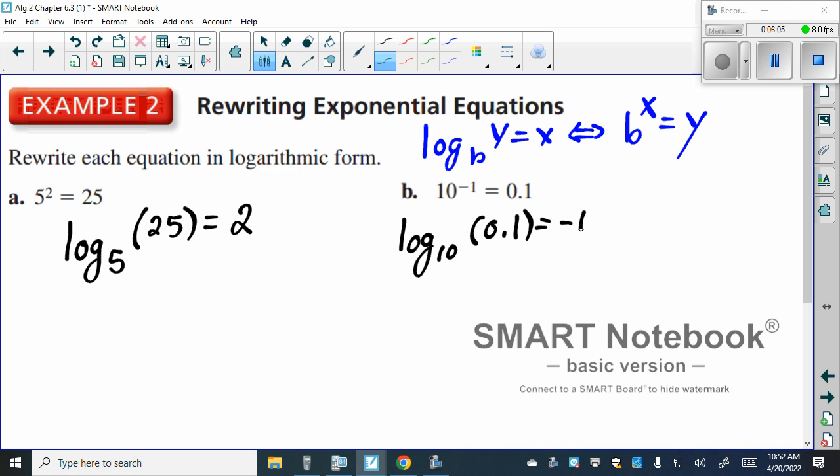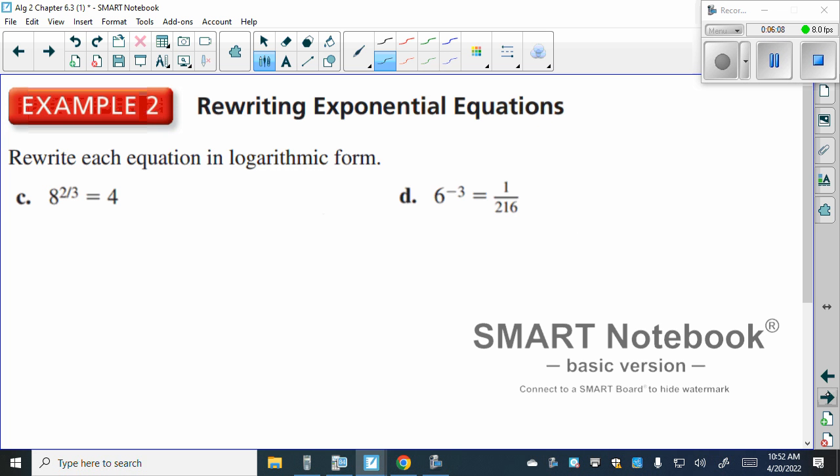Questions on this so far? A to the 2/3 equals 4. So log base what? Of equals.